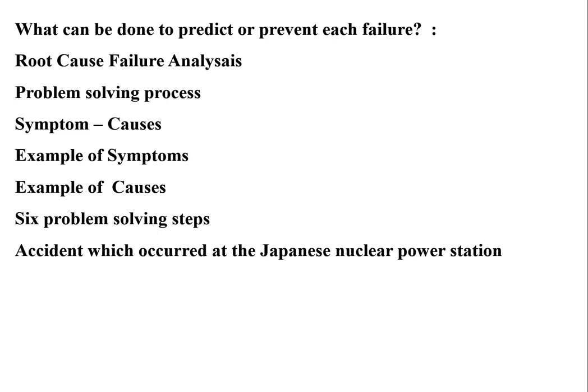To practice this approach, we will discuss many case histories regarding very important and very critical failures. One of these failures is a very well-known accident which occurred in one of the Japanese nuclear power stations.